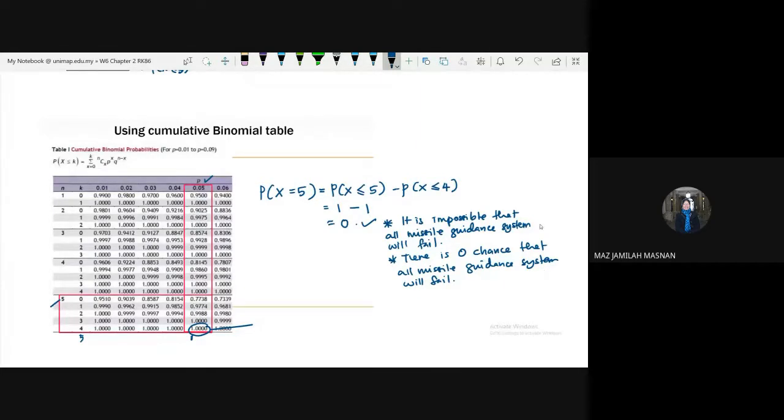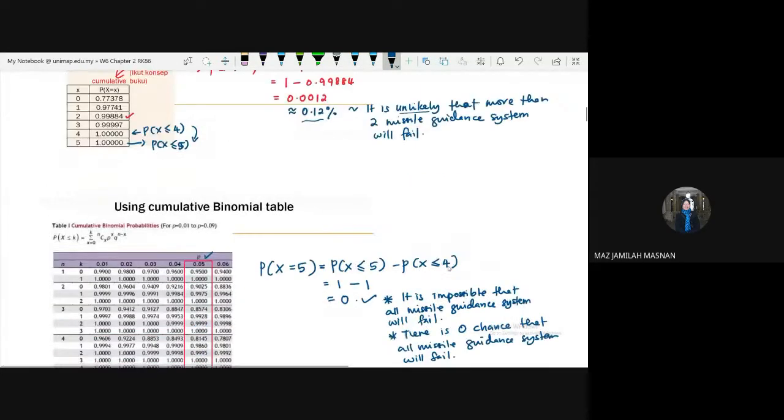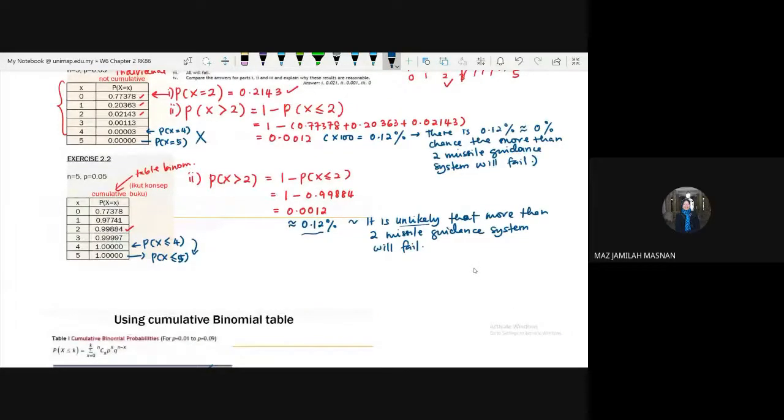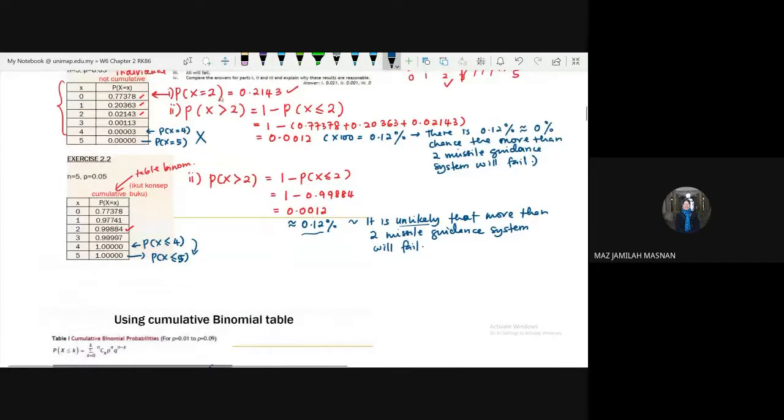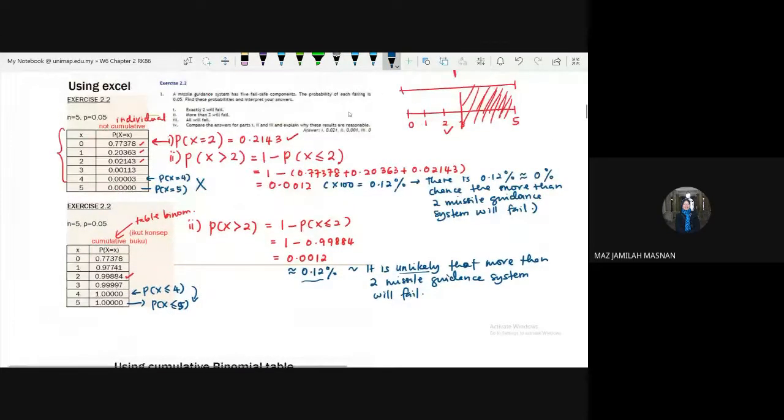The last question asks you to compare the answers for parts 1, 2, 3 and explain why these results are reasonable. So now the question asks you to make sense of what you have got from your calculation of the probability. For example, you got exactly two missile guidance fail, the probability is 0.2143.